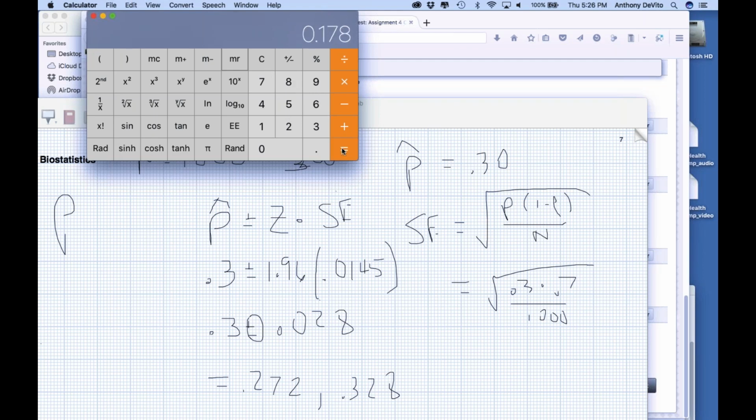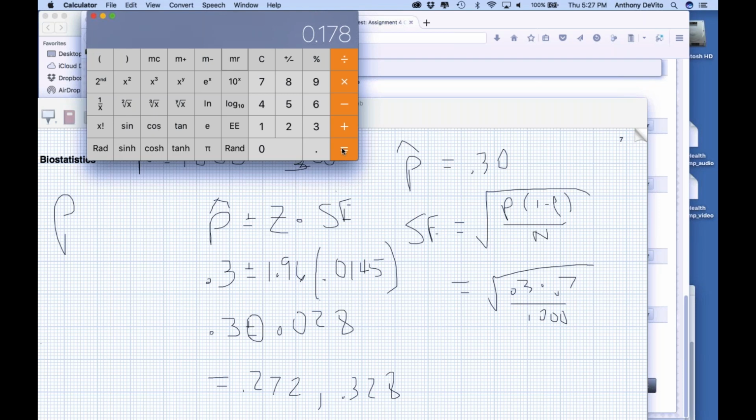So it's 12.2 to 17.8, I think it was, that is the 95% confidence interval. Correct.